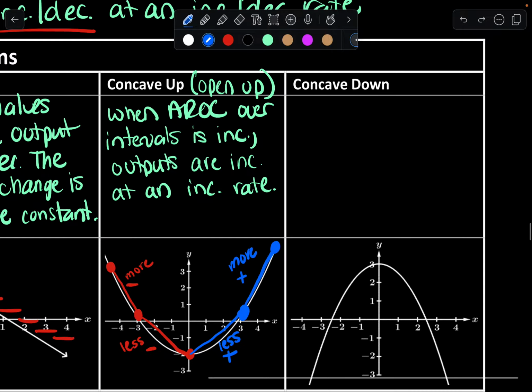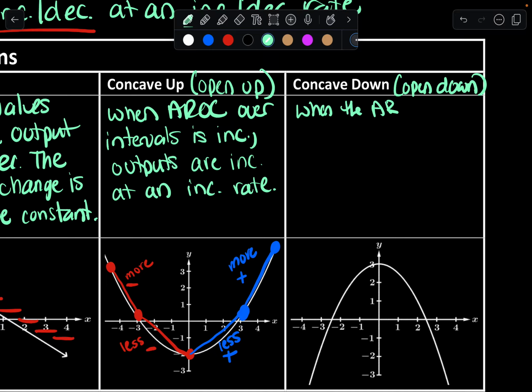Now on the other side, the same thing can be said for concave down. This is when it opens down. Okay, and this is when the average rate of change over intervals, like I chose these 2 points for the secant line, that's the first interval, second interval, third interval, so on and so forth, is decreasing.